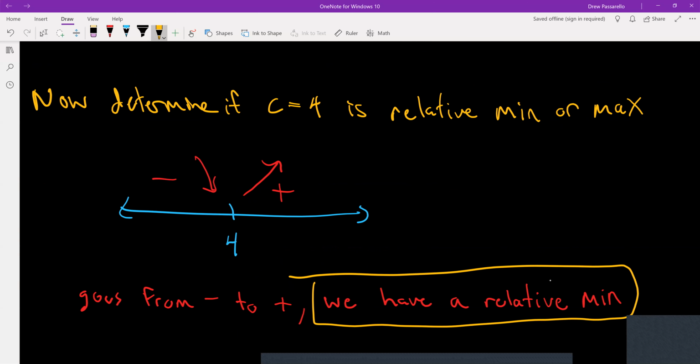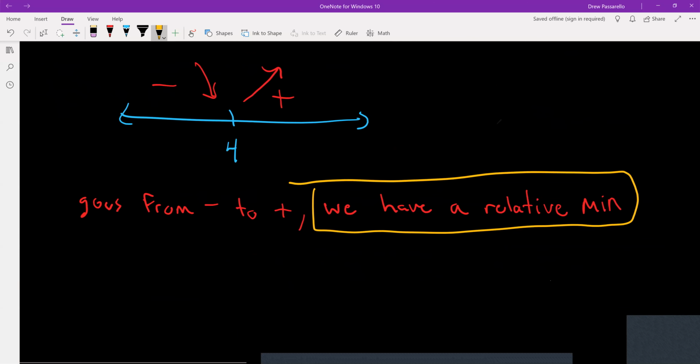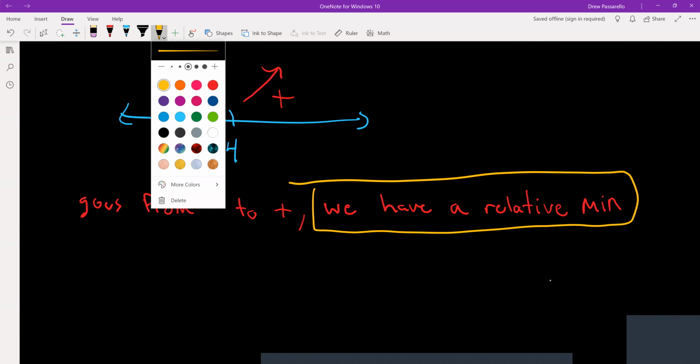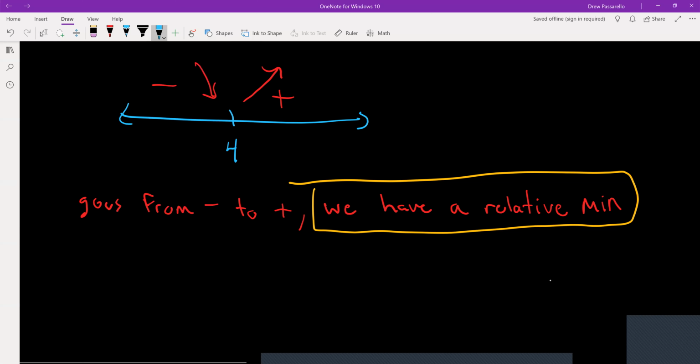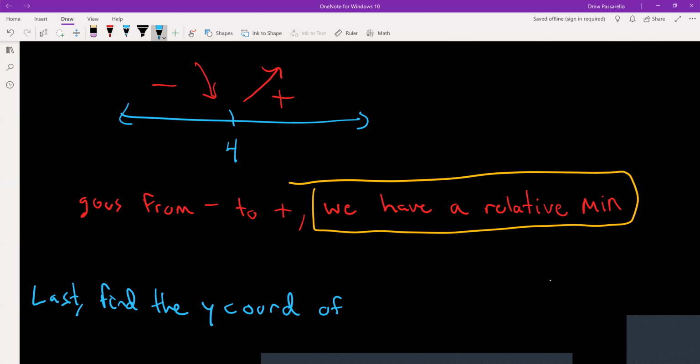Now I just need to find, what is the y-coordinate that goes with this relative min? In other words, what is the relative min itself? So last, find the y value or y-coordinate of the relative min.